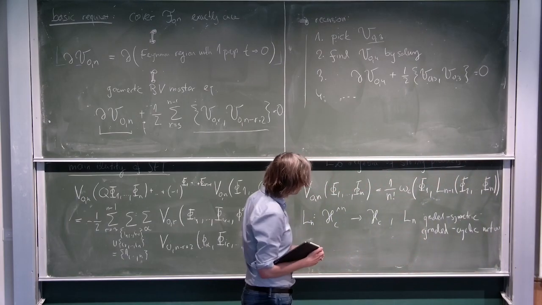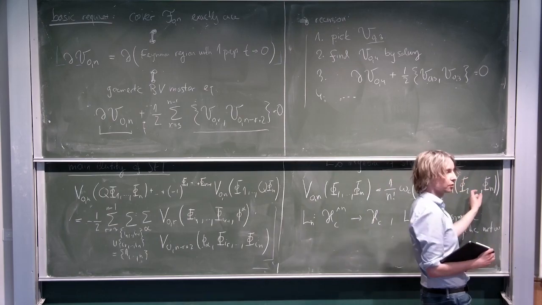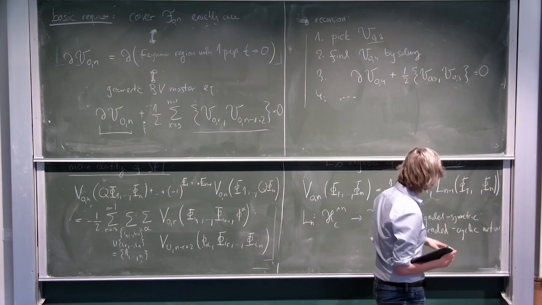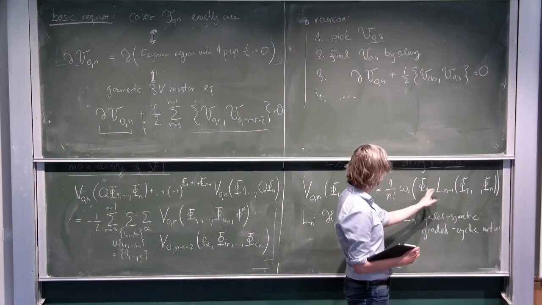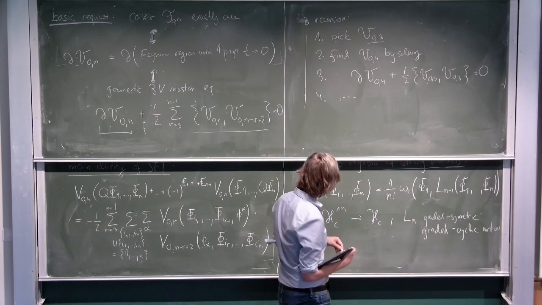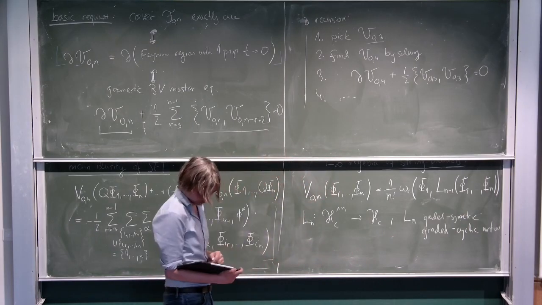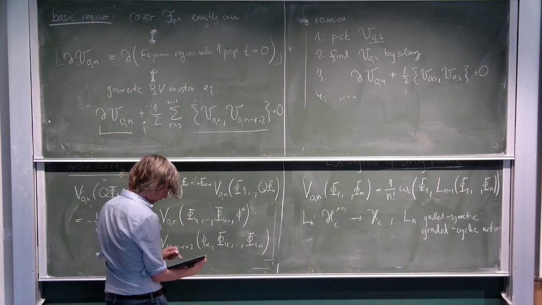So if you combine these two properties, that L_n is graded symmetric with respect to permutation of the punctures which go inside, and also the graded cyclicity of this map with respect to the symplectic form omega, you recover precisely the total graded symmetry of the vertex with respect to all the punctures, right?